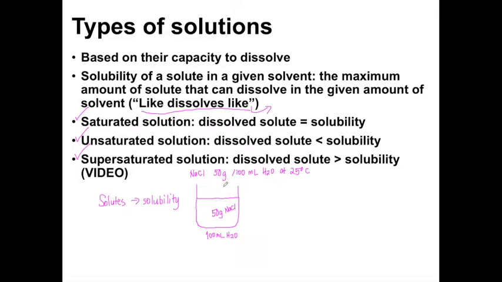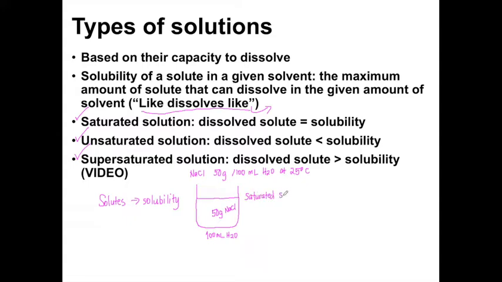Since the amount I added is equal to the solubility, the maximum amount of sodium chloride that 100 ml of water can handle, quote unquote, this is a saturated solution.